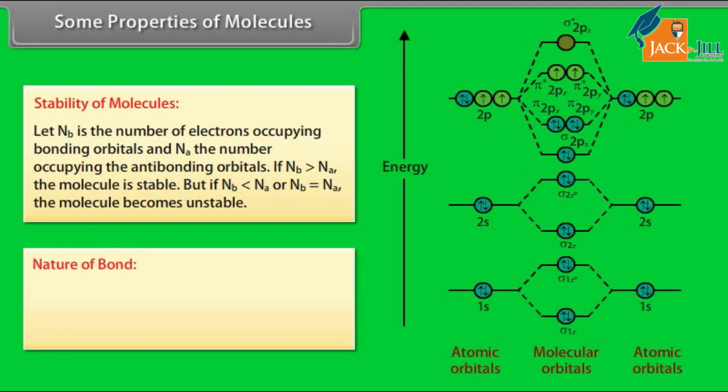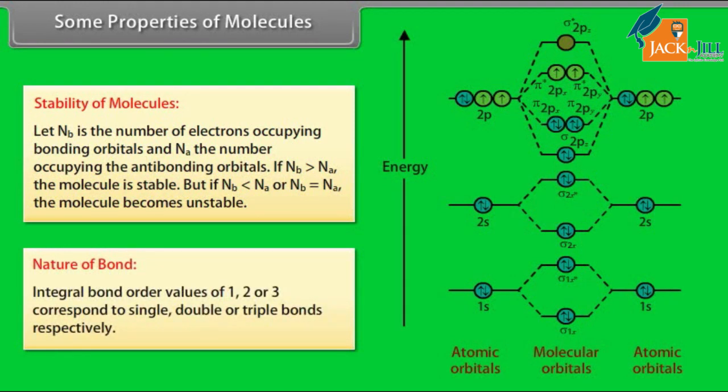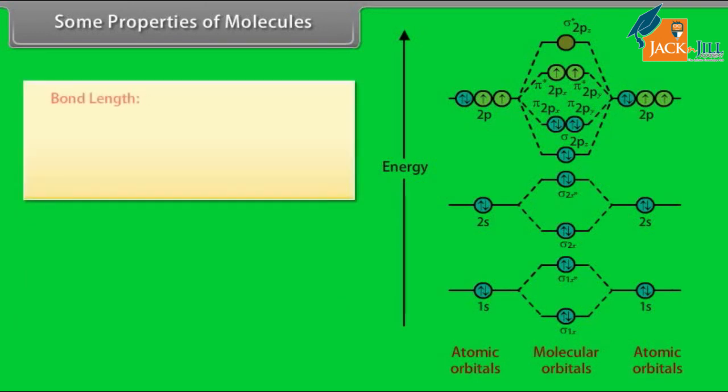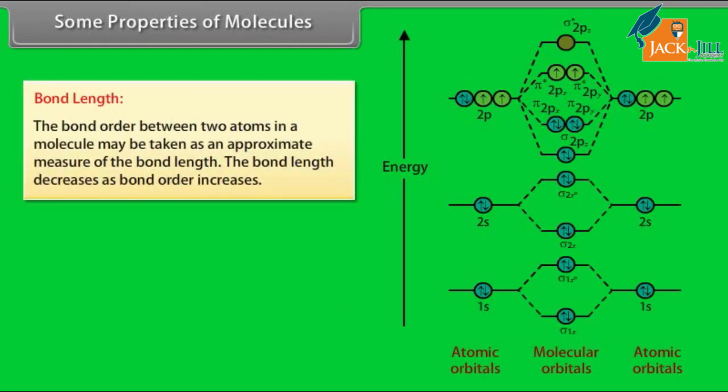Nature of bond. Integral bond order values of 1, 2 or 3 correspond to single, double or triple bonds respectively. Bond length. The bond order between two atoms in a molecule may be taken as an approximate measure of the bond length. The bond length decreases as bond order increases.